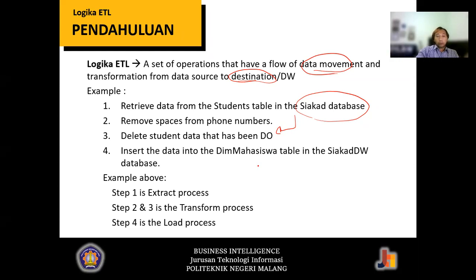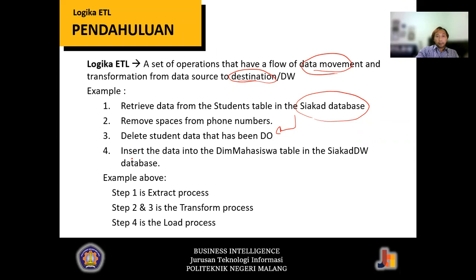And sometimes we also insert data into the data warehouse, or insert data to create new records, then modify them, and then join tables to be used in the data warehouse table.